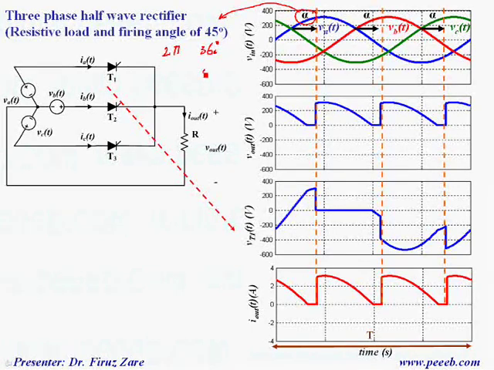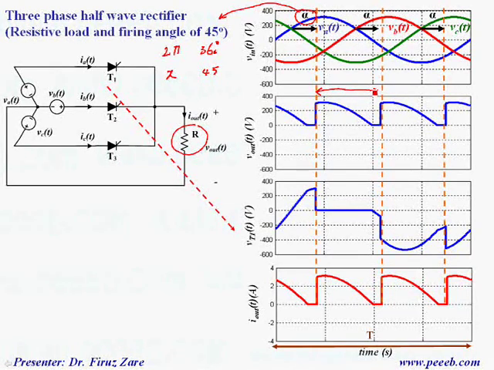So 45 can be found in radians based on this equation. When we increase the firing angle, because of the resistive load, from this point the output voltage is phase A. So let's concentrate on this period.